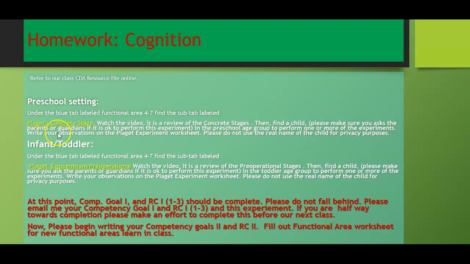If you want to use one of your students, I think that will be great. But parents, please use your own children or perhaps find a family member or friend to do this experiment in the preschool setting. And this is Piaget's concrete stage. When you watch the video, you will understand how to conduct the experiment.